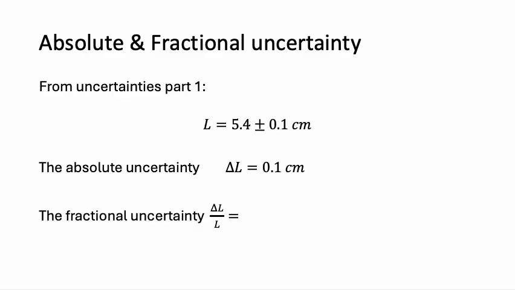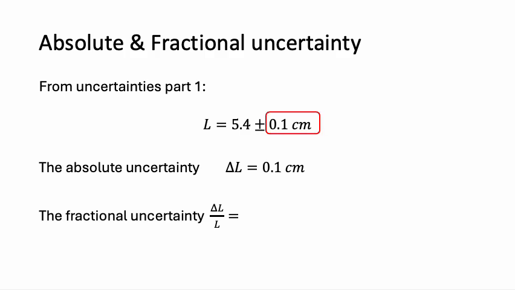So that's how much, at worst, we could be out by, or the range in which we're confident our measurement falls, actually as a value, usually with a unit, unless your quantity has no unit. So it's got centimeters on the end here, because we could be out by up to 0.1 centimeters either side of this value that we've written down, 5.4. Okay, that's called absolute uncertainty.